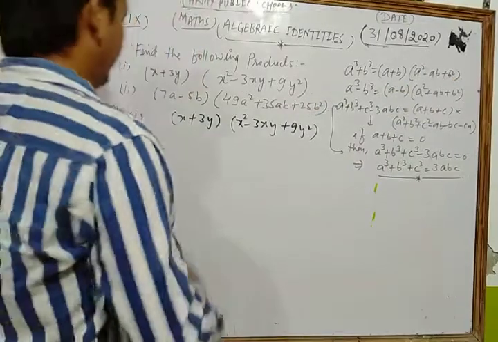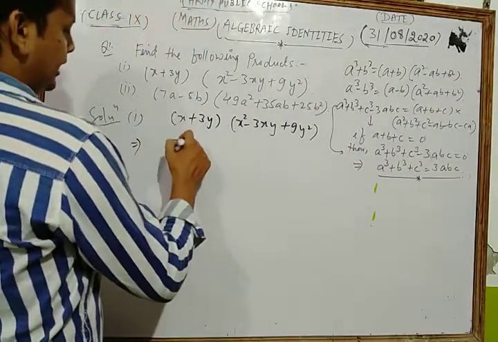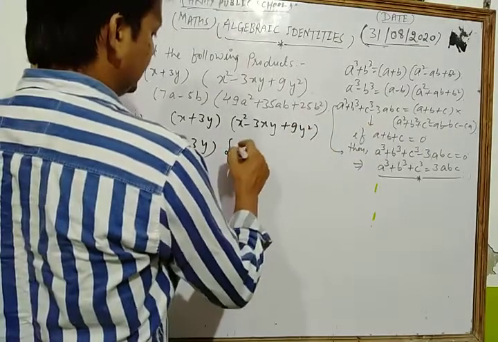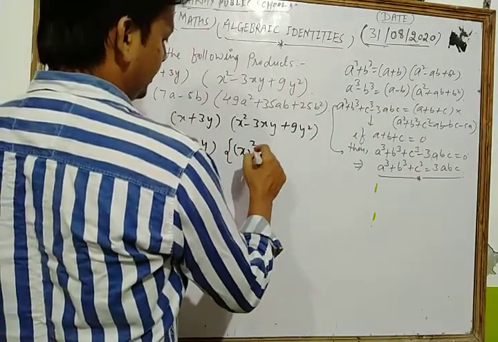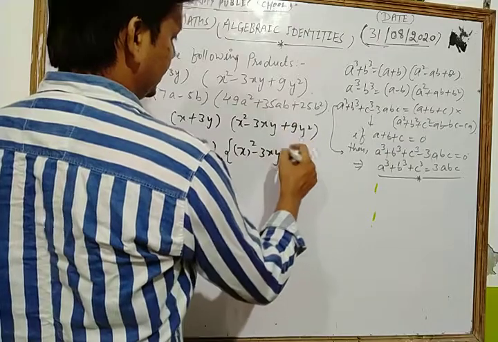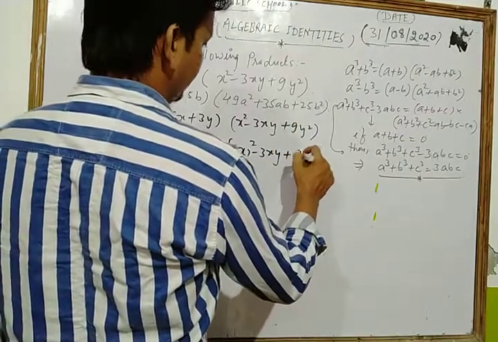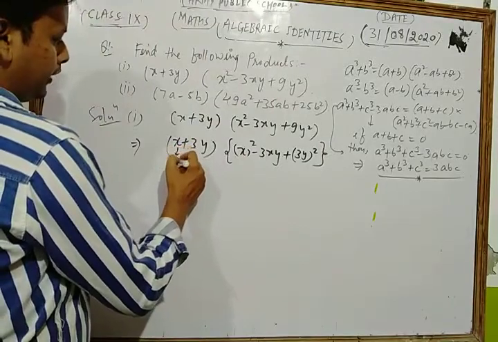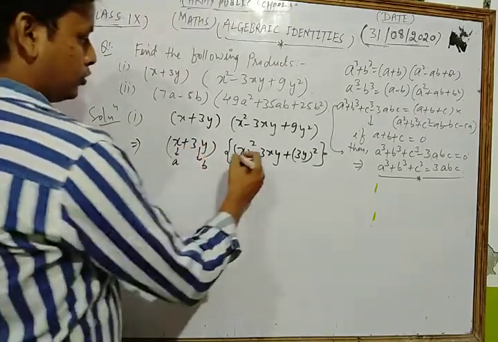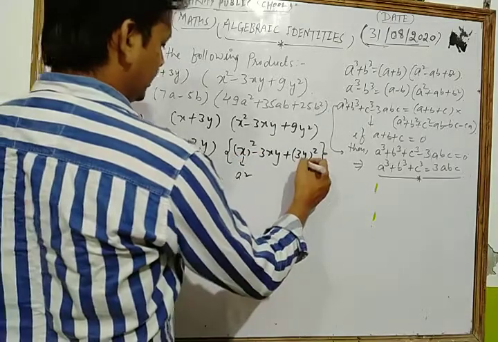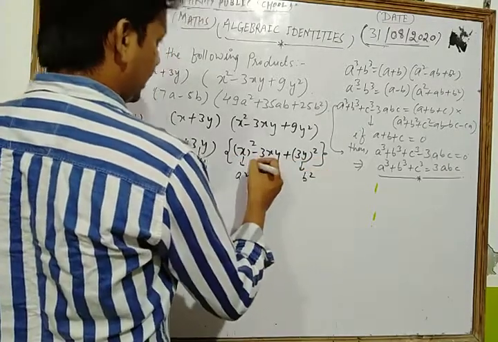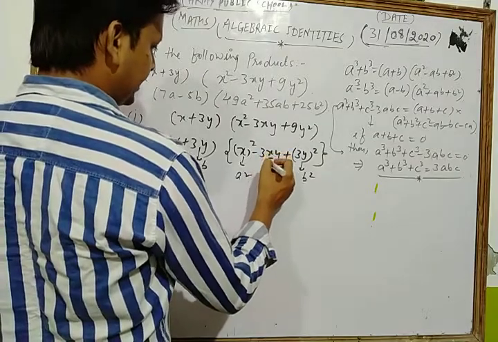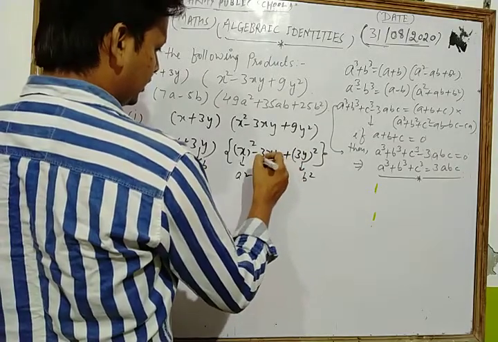We write x plus 3y, and in another bracket x square minus 3xy plus 3y square. Now take this as the value of a, and this as the value of b. So this is a square, this is b square, and ab means x is a and 3y is b.